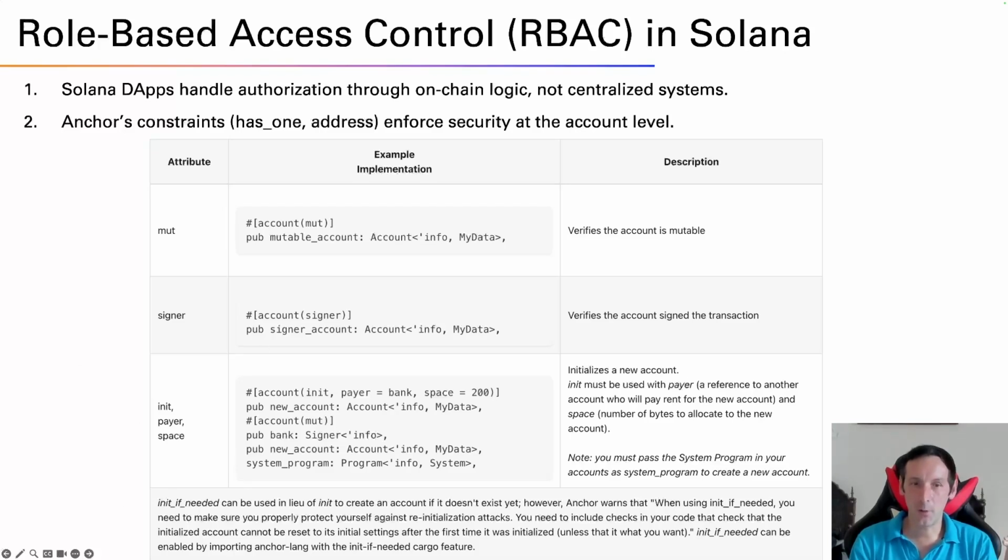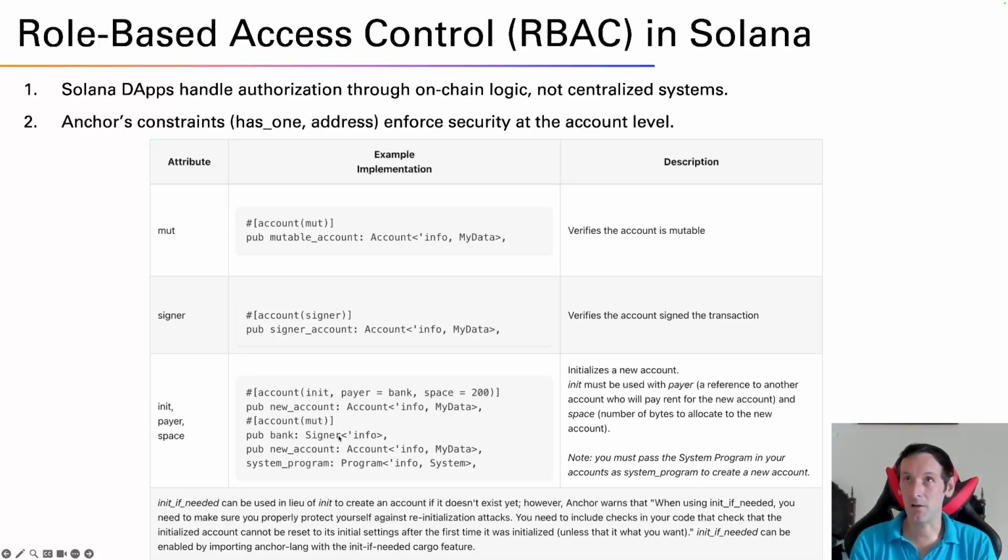Then you have a very important one. I was actually pointing to this when we were talking about the promotion structure. As you can see here, you have the init, which tells Anchor that you're creating a new PDA.